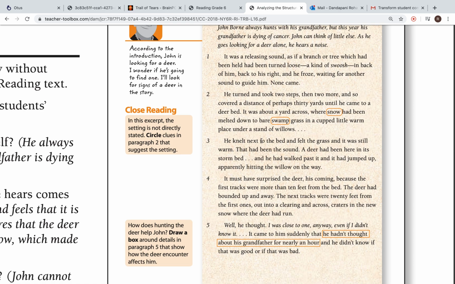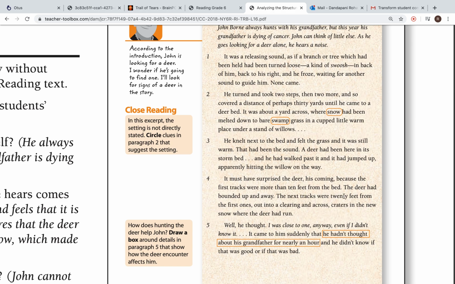He knelt next to the bed and felt the grass, and it was still warm. That had been the sound. A deer had been here in its storm bed, and he had walked past it, and it had jumped up, apparently hitting the willow on the way. It must have surprised the deer, his coming, because the first tracks were more than 10 feet from the bed. The deer had bounded up and away.